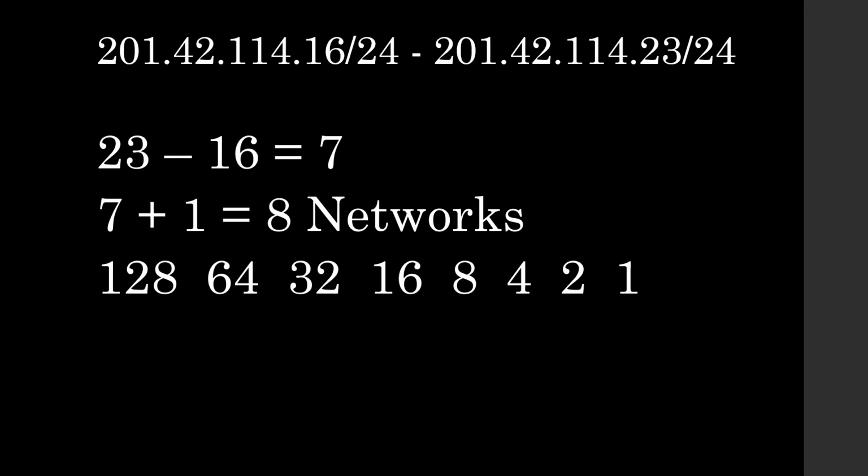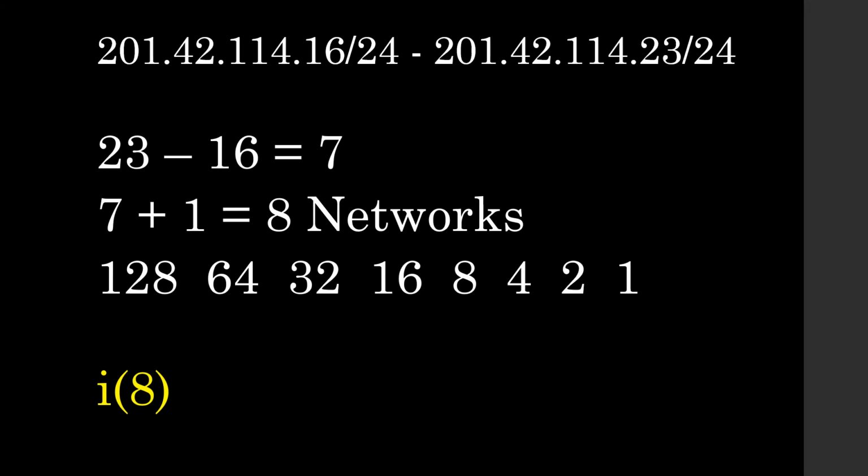Then we have to determine the increment. Take note that we have 8 networks. Therefore, our increment is 8, because from the second step, the increment has to be nearest or equal to the number of networks, which is 8.